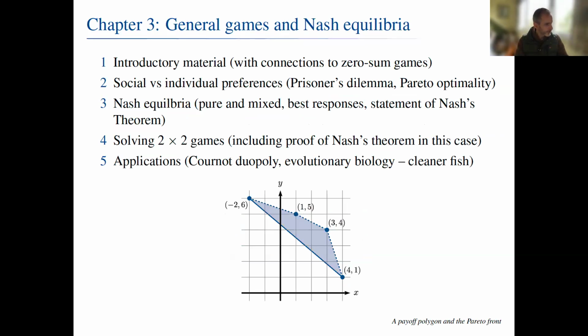And then finally, the third chapter is on general games and Nash equilibria. Again, we start with the introductory material, how it connects to zero-sum games, and then we go into a discussion about the prisoner's dilemma.